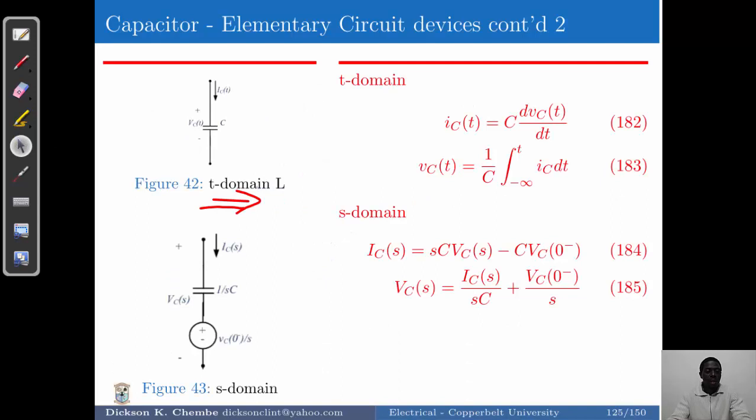And so if you look at the comparison between the domains in terms of how we get the values, we find that in the S domain, IC(s) is equal to sC times VC, which is this value across this whole portion, and this subtracts the voltage across the voltage source together with the capacitor value, which in this case is the C. And from there, we are able to determine VC(s) to be equal to 1 over C, I(s) over sC plus VC(0−) over s.